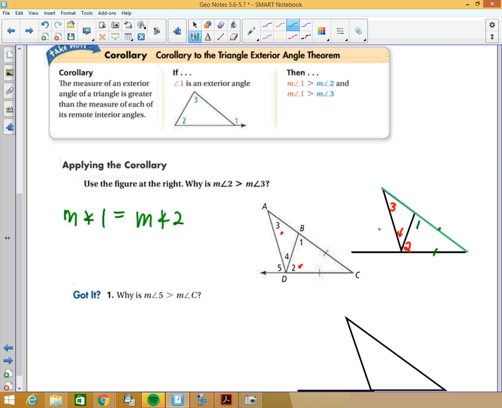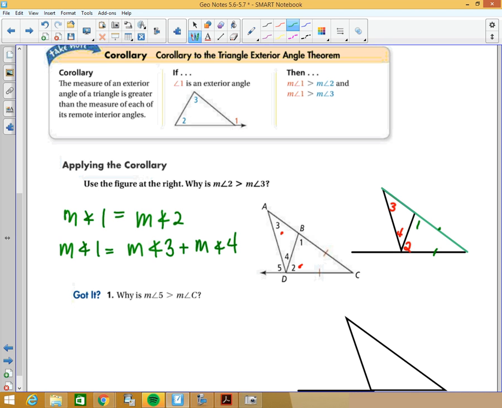The second thing I can tell you is that 1 is the exterior angle to the two remote interior angles 3 and 4. Can you see that? Based on the exterior angle theorem, the measure of angle 1 is equal to the measure of angle 3 plus angle 4.